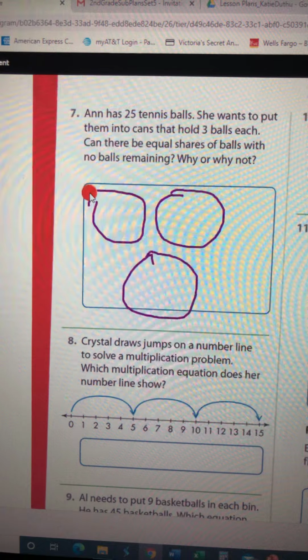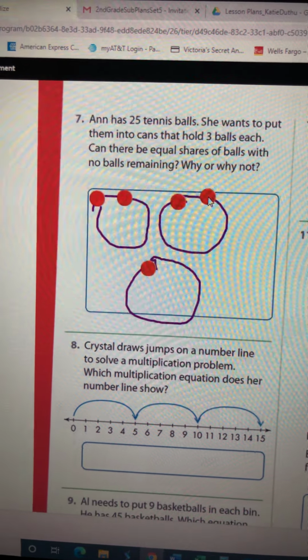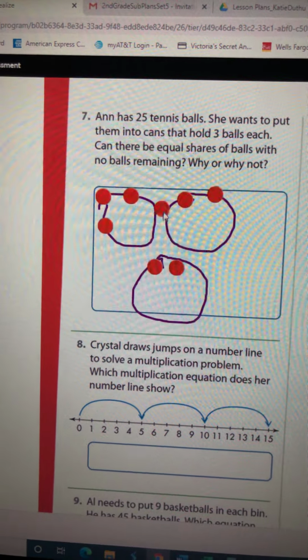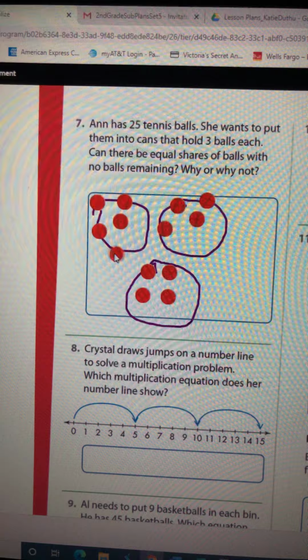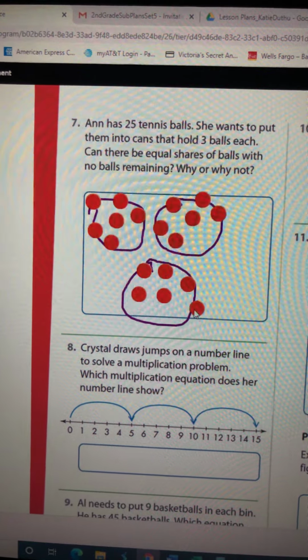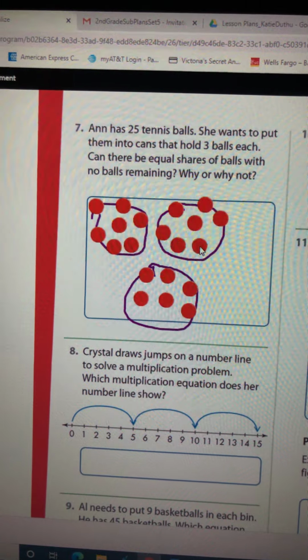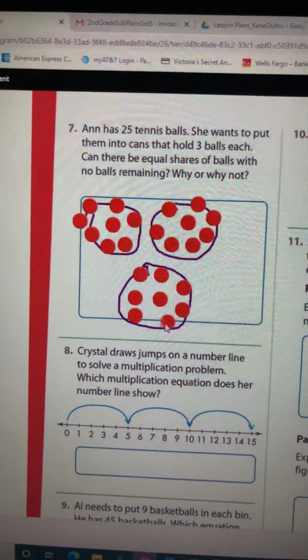And that's going to help me out. All right. 1, 2, 3, 4, 5, 6, 7, 8, 9, 10, 11, 12, 13, 14, 15, 16, 17, 18, 19, 20, 21, 22, 23, 24.